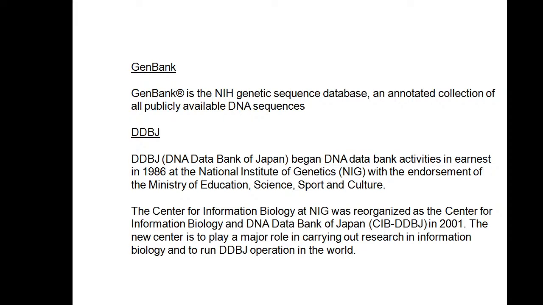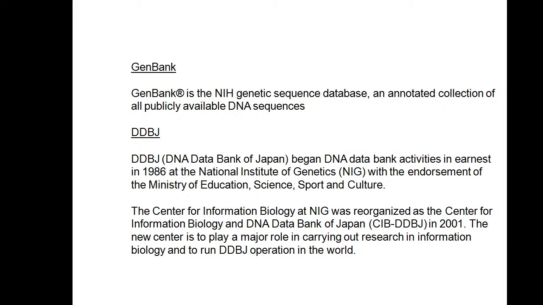The Center for Information Biology at NIG was recognized as the Center for Information Biology and DNA Data Bank of Japan, CIB-DDBJ, in 2001. The new center is to play a major role in carrying out research in information biology and to run DDBJ operation in the world.